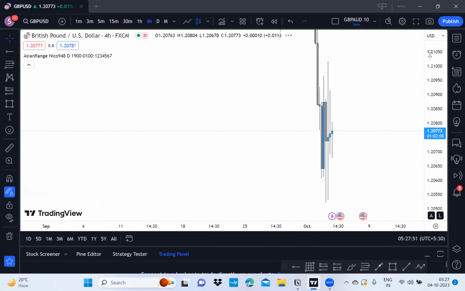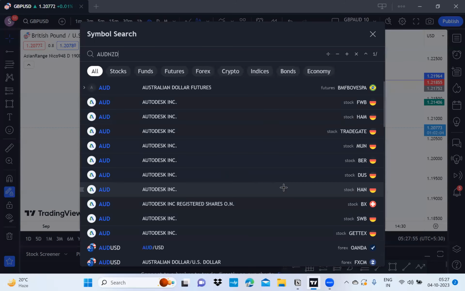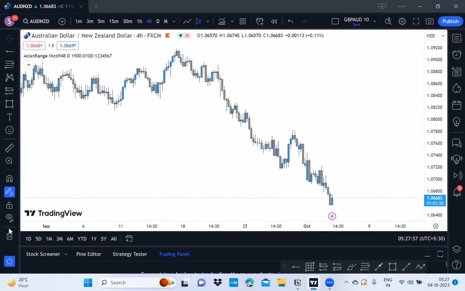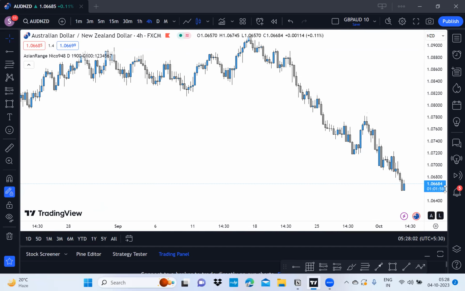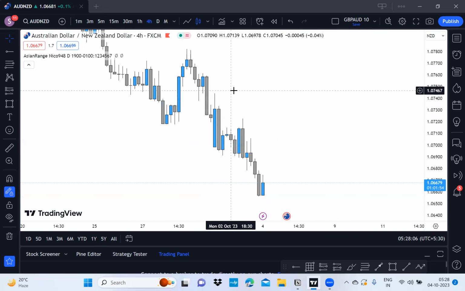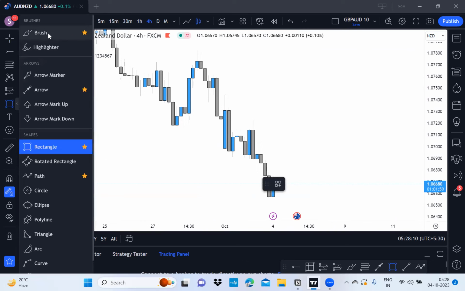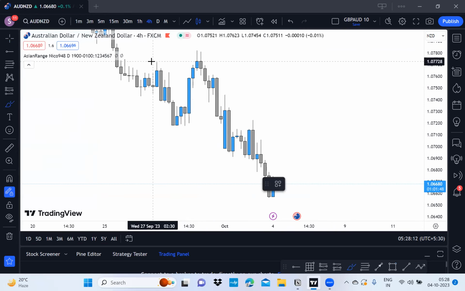Let me show you another example also, guys. Let's go to AUD NZD. What happened in AUD NZD is, the market is clearly in a downtrend overall, and this was the previous high.